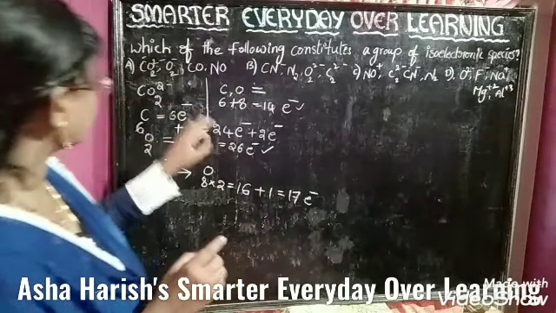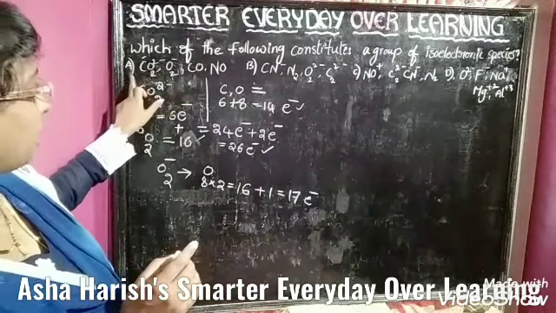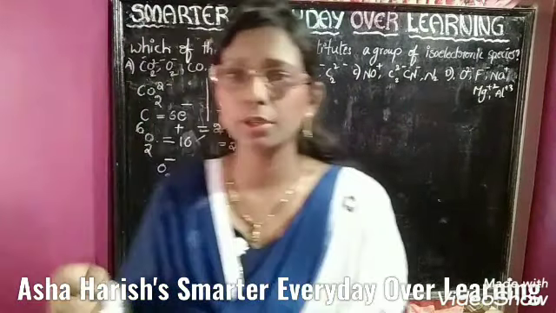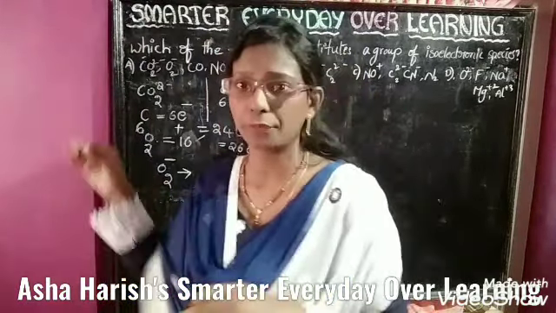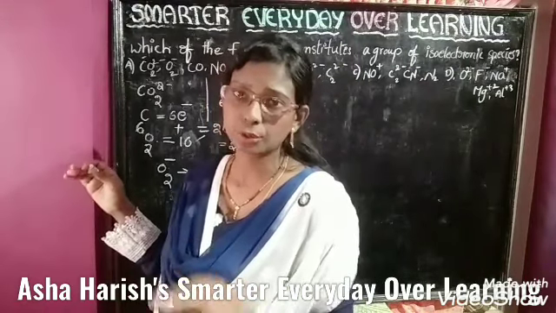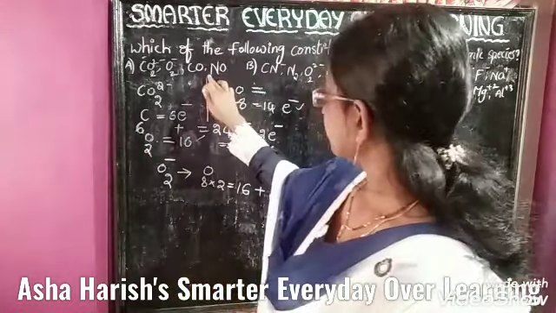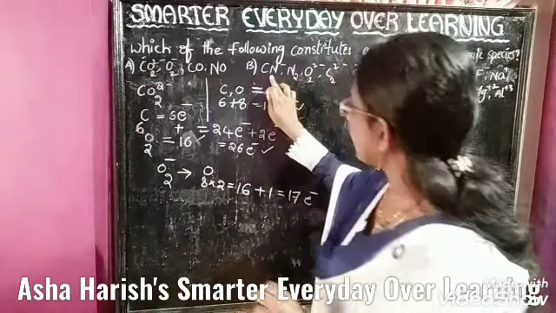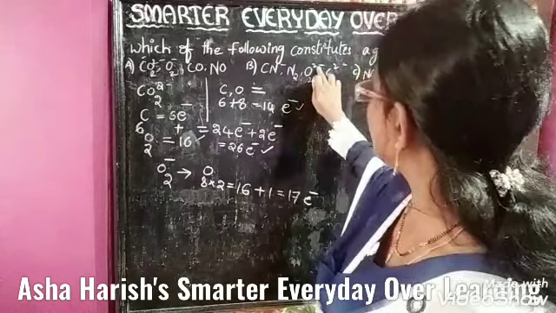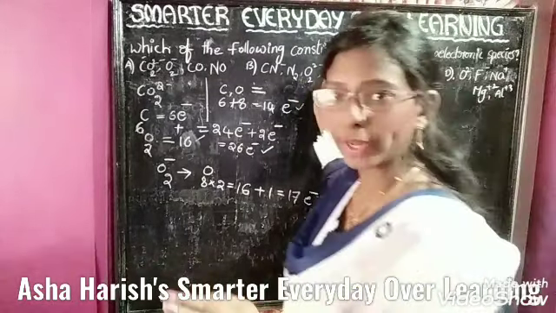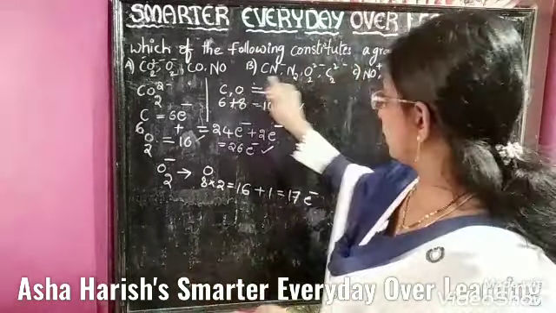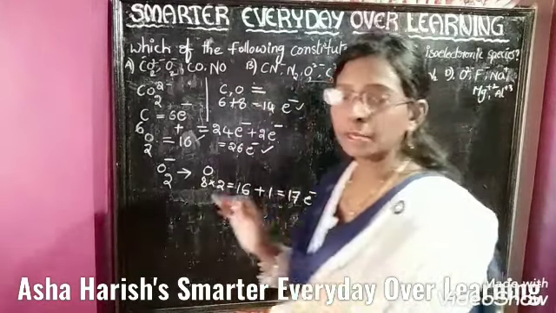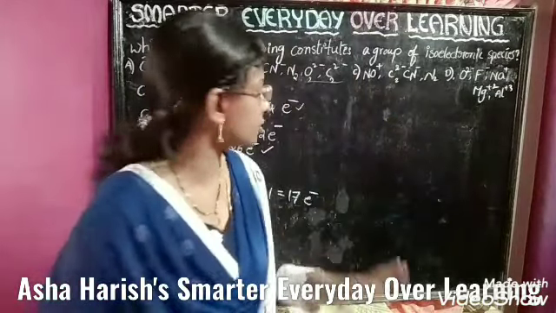So the species in option A is the wrong answer for this question. Why? Because while doing the calculation we got different numbers of electrons. Then we will start option B: CN minus, N2, O2 2 minus, C2 2 minus. If you calculate the electrons for option B, we will finalize which one is the correct answer.